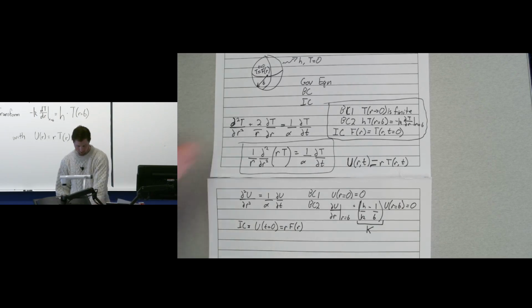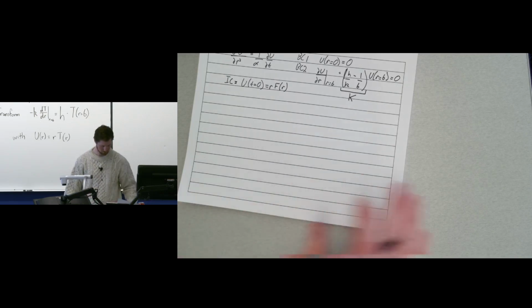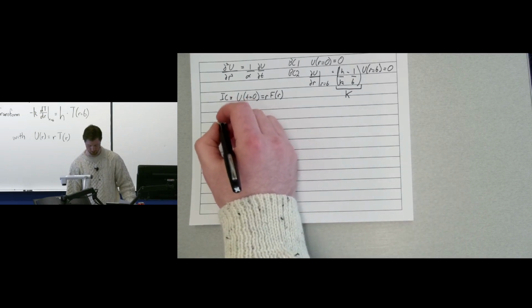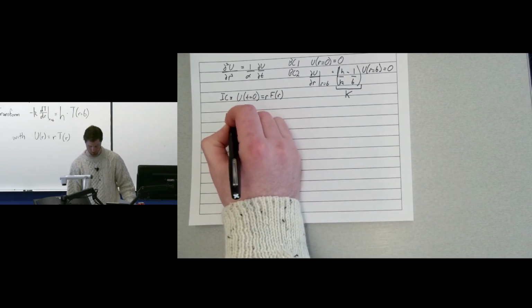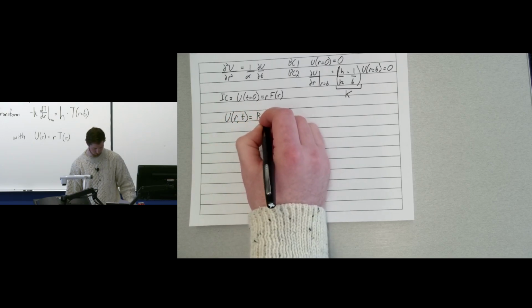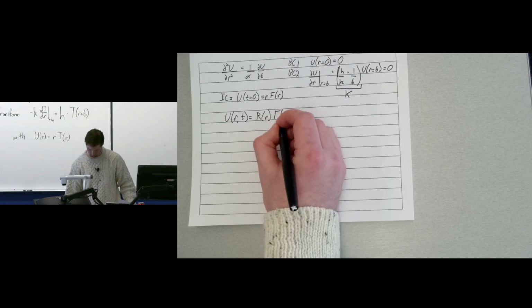Okay. So we're going to assume separation of the form u of r and t is equal to capital R of r and gamma of t.